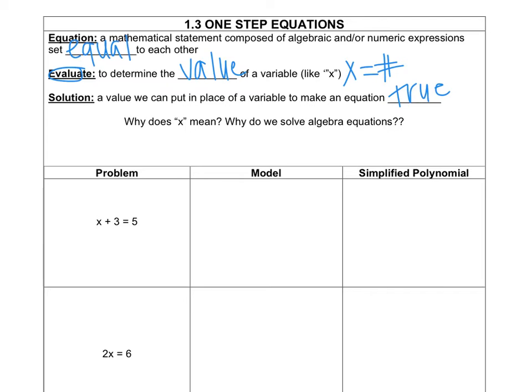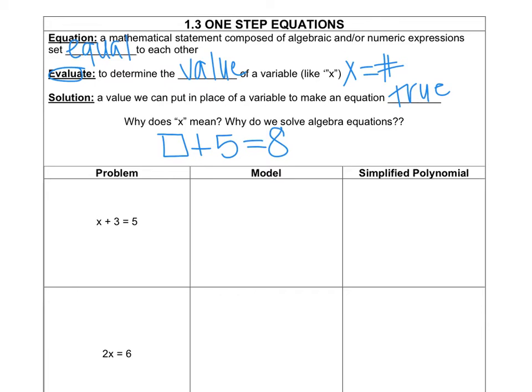So what does x mean, and why do we solve algebra equations? Okay, so x is just like a missing number. Basically, you could ask yourself, like, I know something plus 5 equals 8. Well, what would that something be? What plus 5 equals 8?